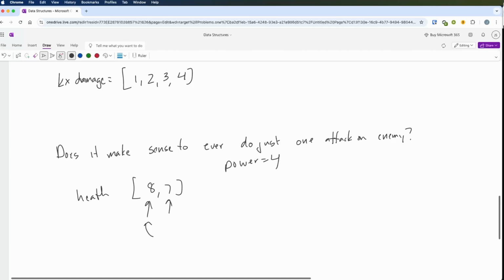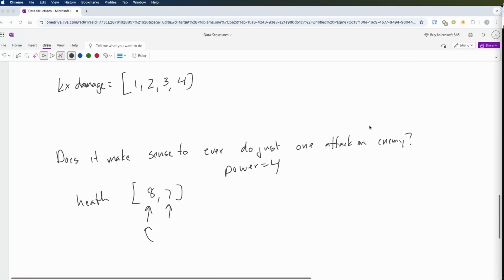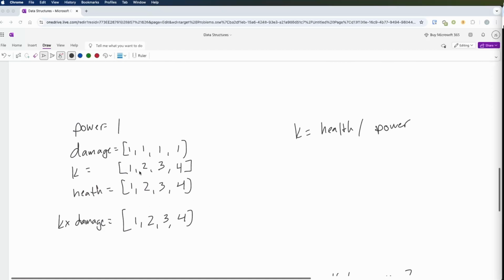We consistently attack the same enemy. So that makes me think that we just have to figure out in what order we should eliminate the enemies. I guess figuring out how exactly is the difficult part. So if we do maybe damage, so our K is our health over our power.